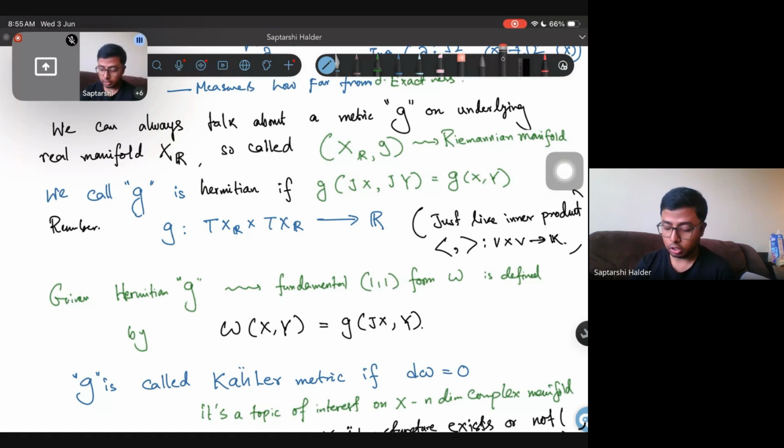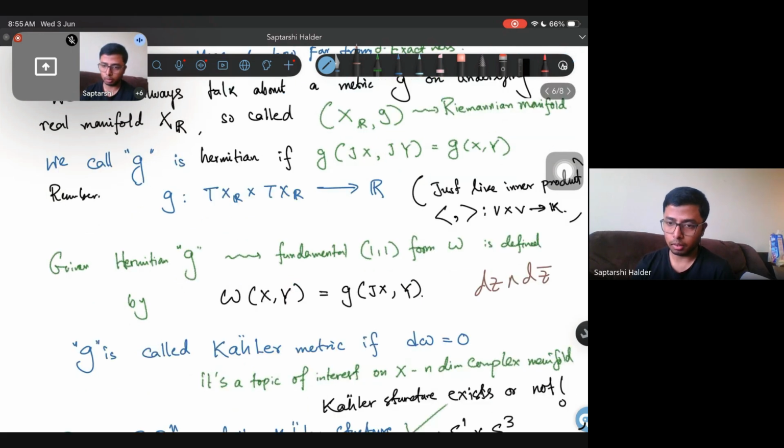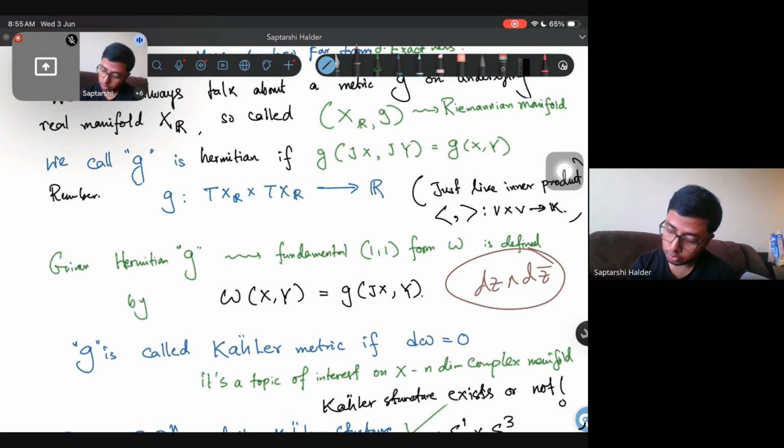So we can talk about (1,1)-forms, right? Like, suppose in C^n, dz wedge dz bar. You can talk about this (1,1)-form in C^n, on that complex manifold X, and it will satisfy this criterion.